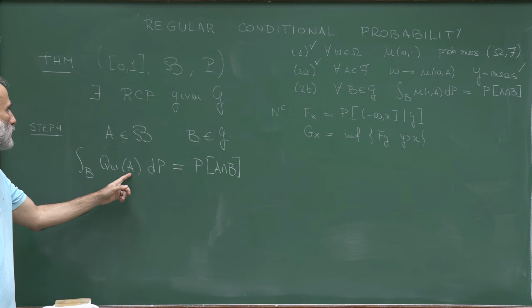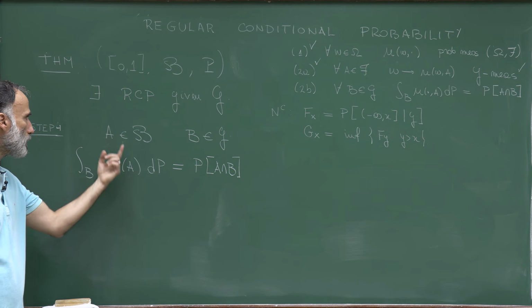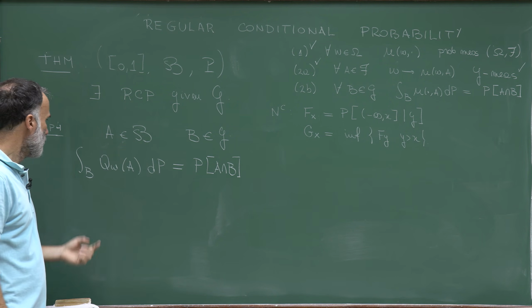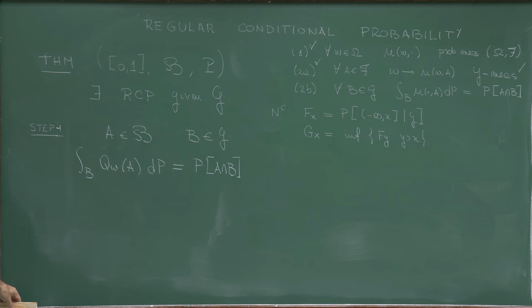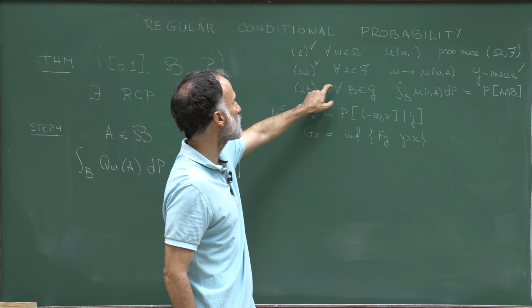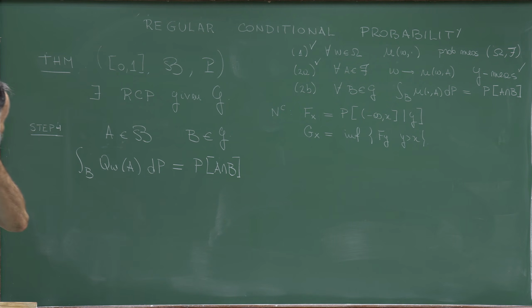So Q is defined on the Borel subsets A, and for all B in the sigma algebra G, we have this identity. So this is what is stated here, and so we have to prove that.